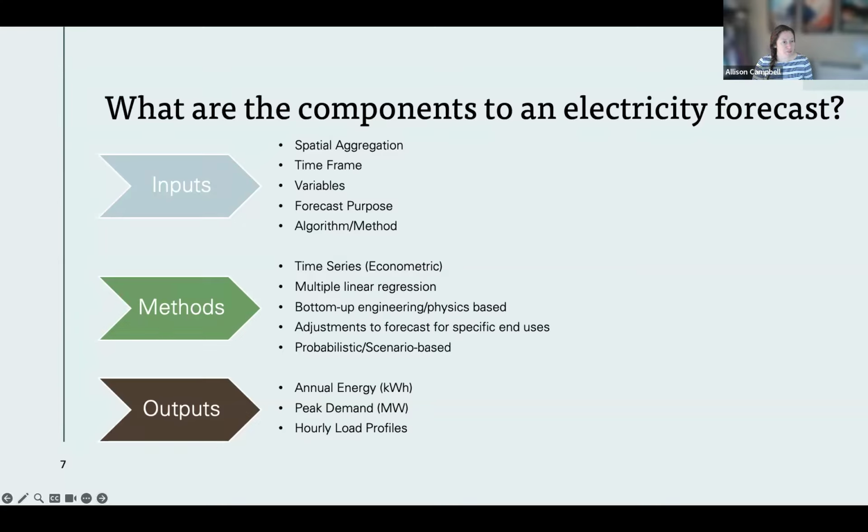Methodologies are derived from statistics and physics. We'll talk about those in greater depth. And then in terms of outputs, specifically for regulatory and utility decision-making, we want to look at annual energy, peak demand, hourly load profiles, and I'll show you some examples of those.